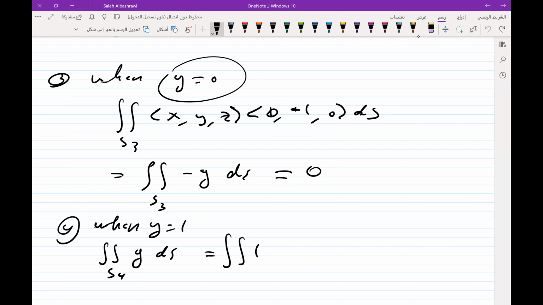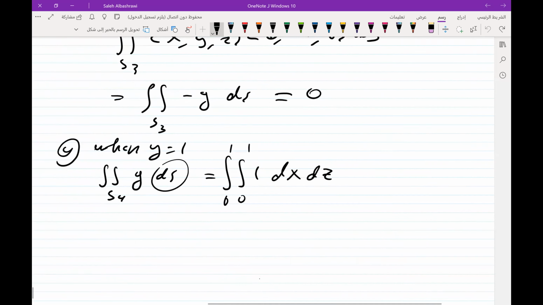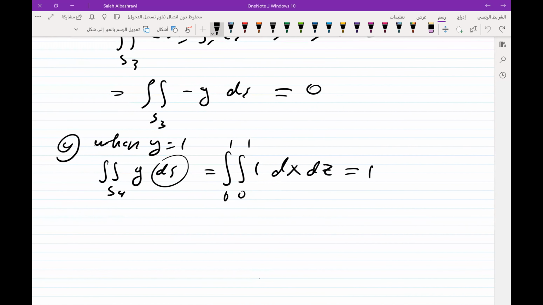Since we are dealing with y, ds is equal to dx dz, with limits between 0 and 1, and this is also equal to 1.